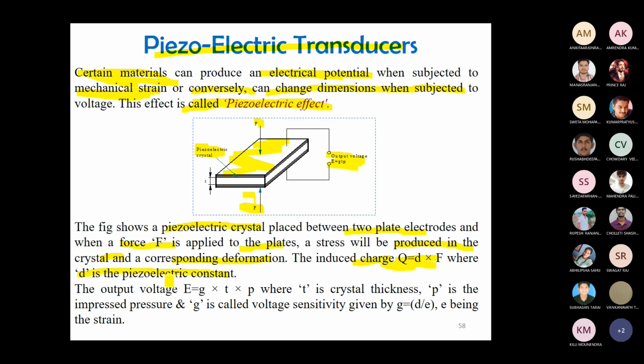The output voltage E equals G into T into P, where T is the crystal thickness, P is the impressed pressure, and G is called the sensitivity, given by G equals D by E.